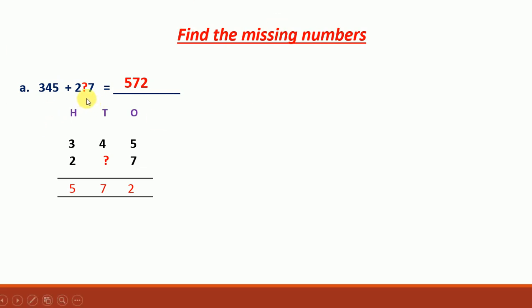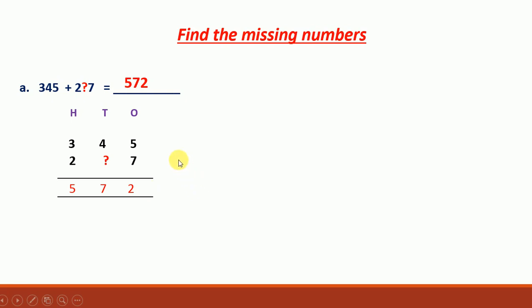So when we add these two numbers, your answer will be 572. So in the second number, the digit in the tens place is missing, right? What is that digit? We have to find it here. Let us see how to find this missing number using the column method.